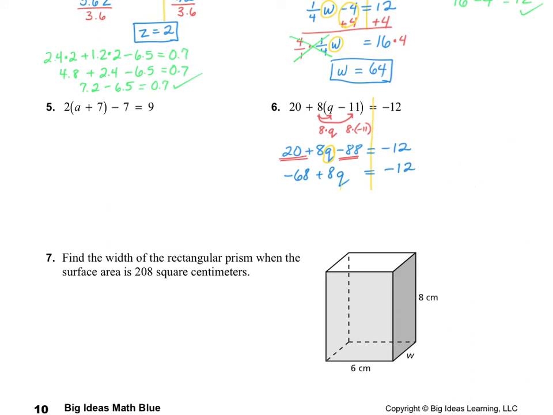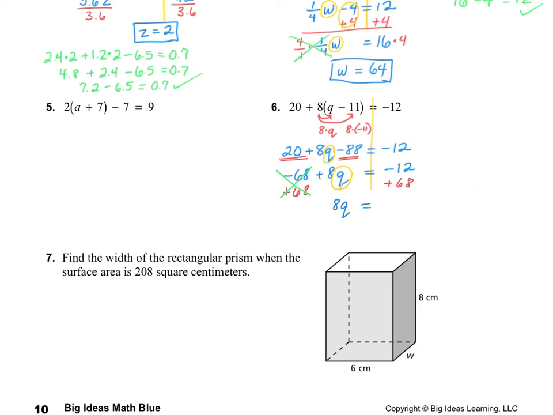So we have our Q here, and we need to solve for Q. So my first step is to add 68 to both sides, because 68 is subtracted, right, is a negative, so I need to add it. And so when we do that, the minus 68 and the plus 68 cancel to 0, and I'm left with 8Q is equal to.